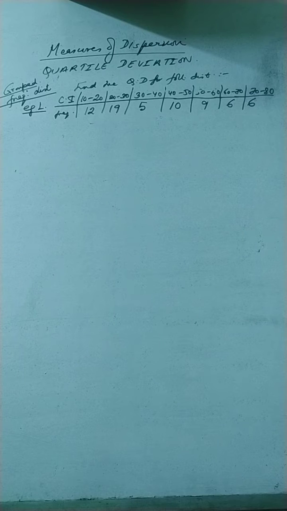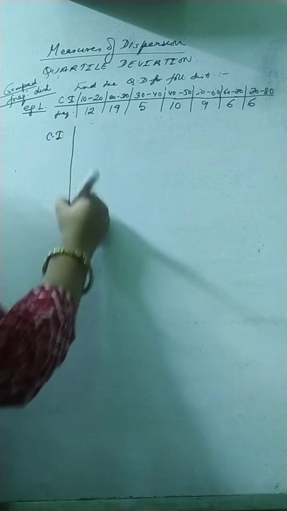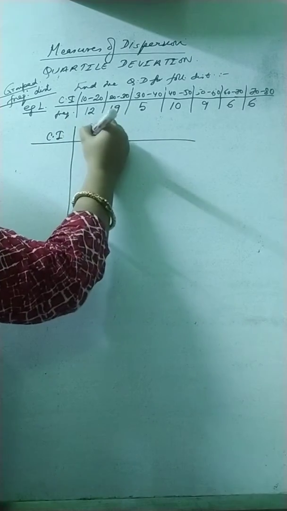We have L, the lower limit of the quartile class. We have to find the quartile class at the n by 4th position. So we need n, and there is something called CFB, cumulative frequency before. So we will need cumulative frequencies. As we have been doing already, we will draw the cumulative frequency table.